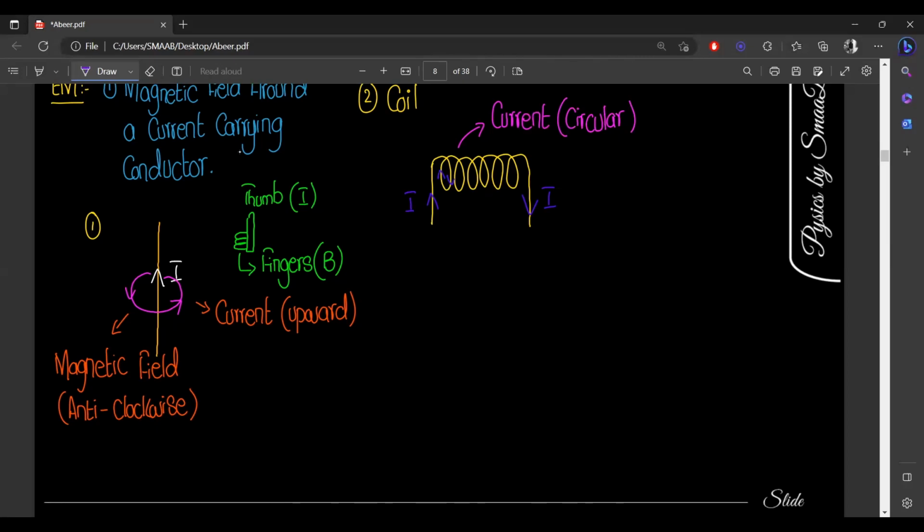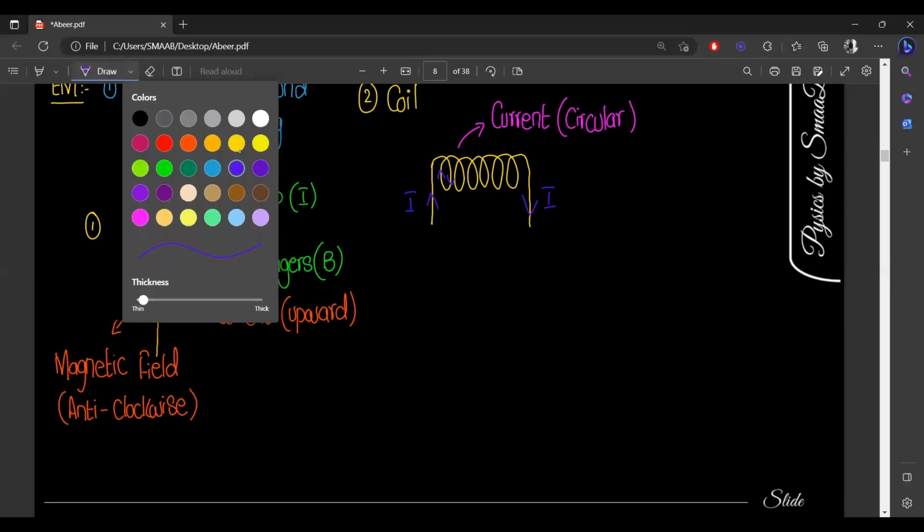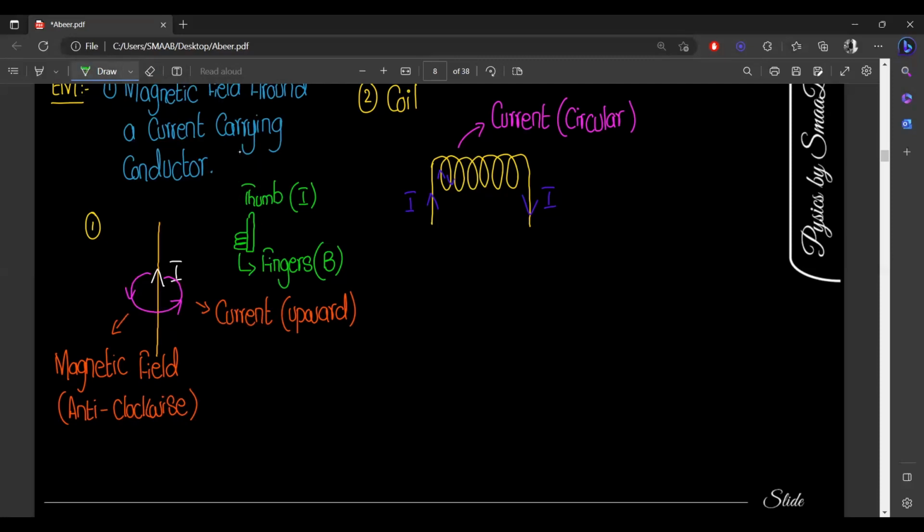Now you need to place your hand like this. That will give you the exact direction of electric current, starting from the first end of the coil and ending at the last end of the coil. Let's consider this example. If you consider this first point, current starts moving from this direction and is moving in upward direction, and then this is the second point.